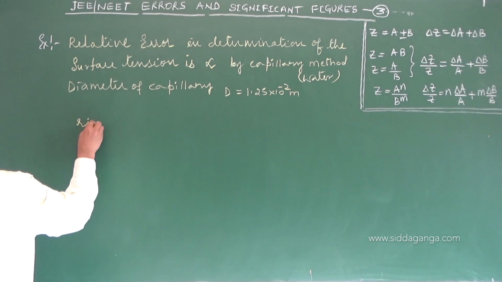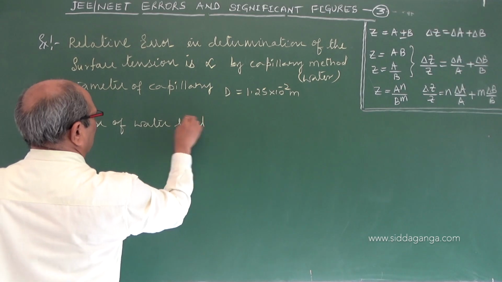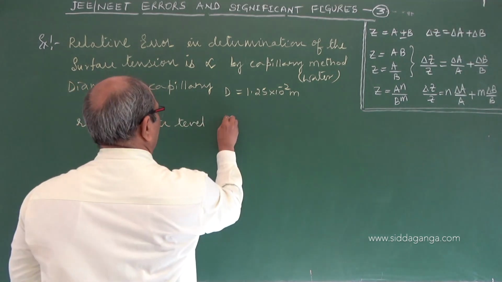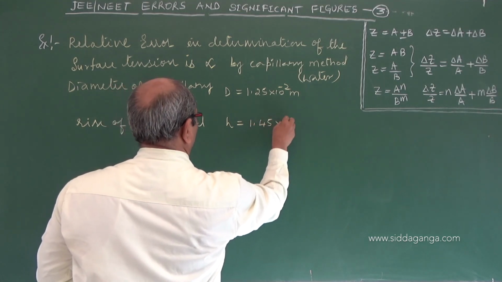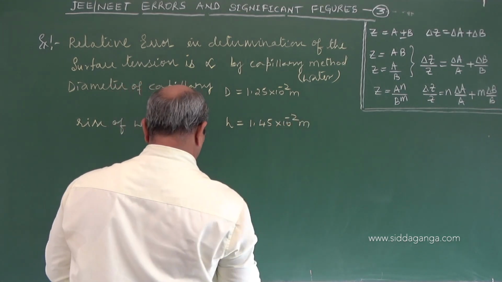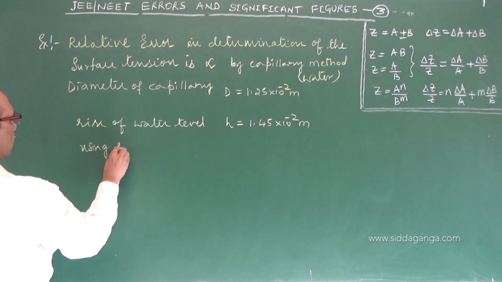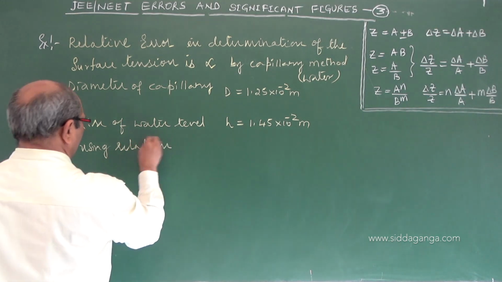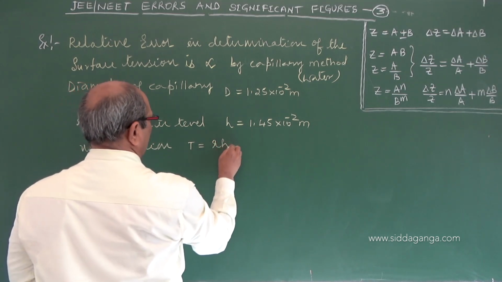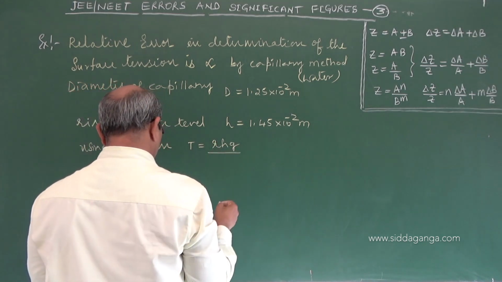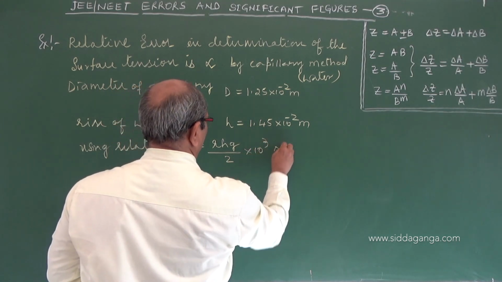Rise of water level H is equal to 1.45 into 10 power minus 2 meter. Using the relation T is equal to RHG by 2 into 10 power 3 Newton per meter.